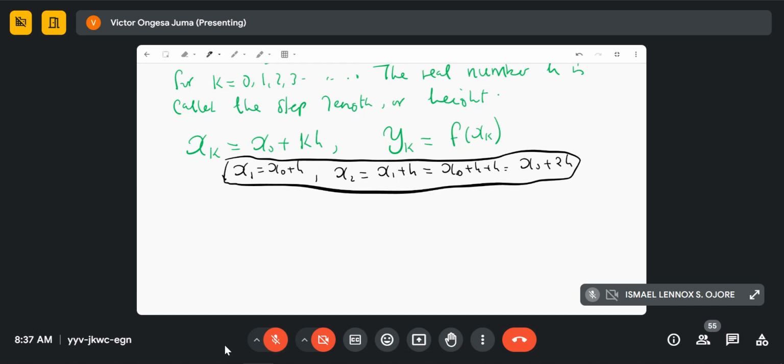So if we want to deal with interpolation of functions where the data points are equally spaced, then we deal with things which are called the difference operators. First I'm going to introduce what we call the difference operators.